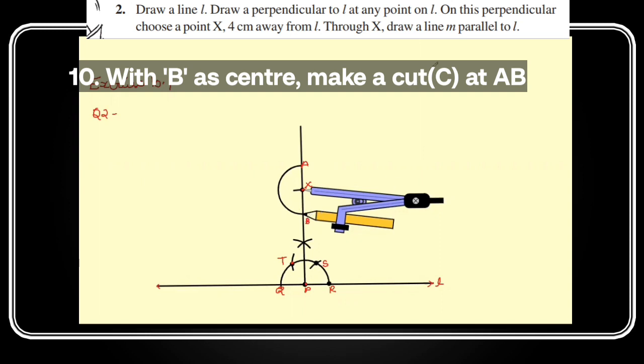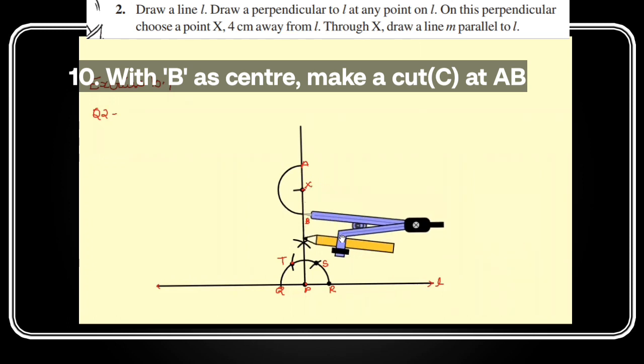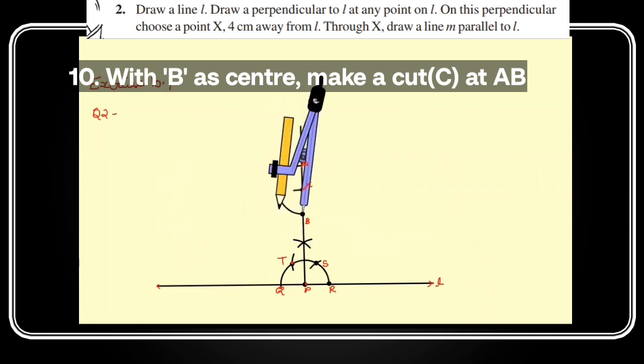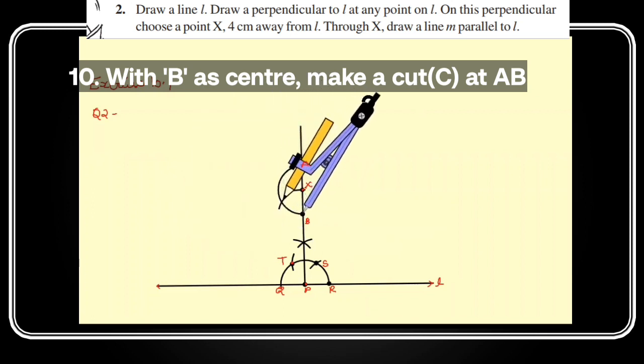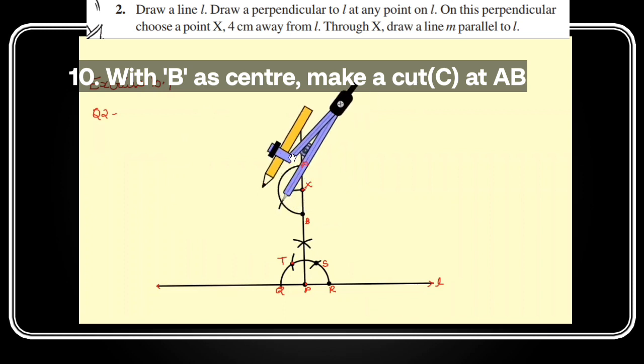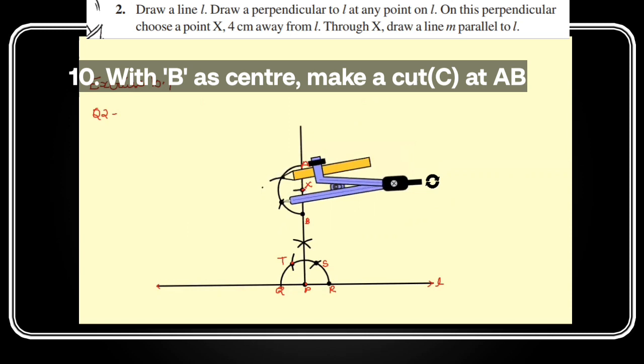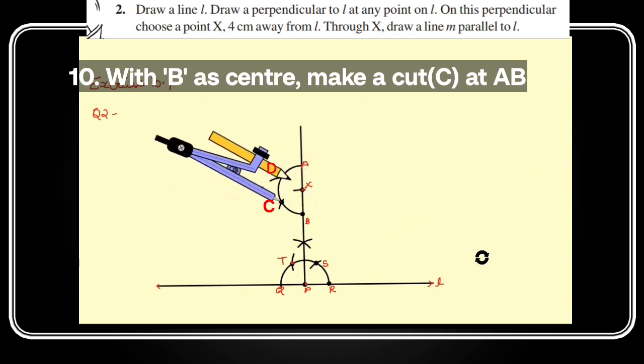Now with B as center, make a cut C on AB. With C as center, make another cut on AB.